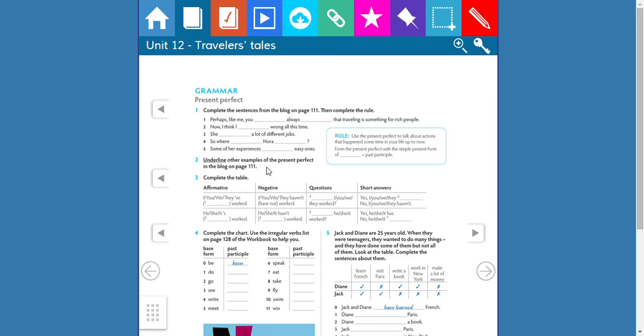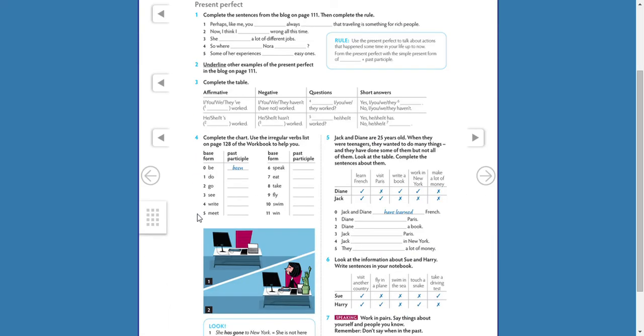Look, for the present perfect we have 1, 2, 3, 4 parts, only for the introduction. Use the present perfect to talk about actions that happen sometime in your life up to now. Form the present perfect with have plus the past participle of the verb.